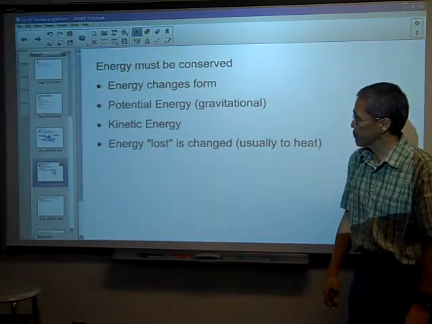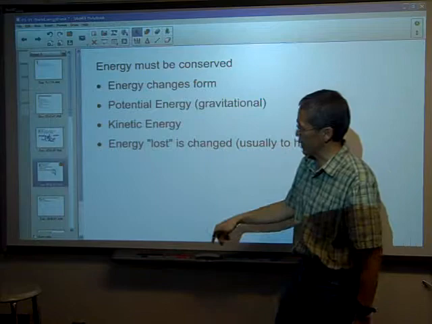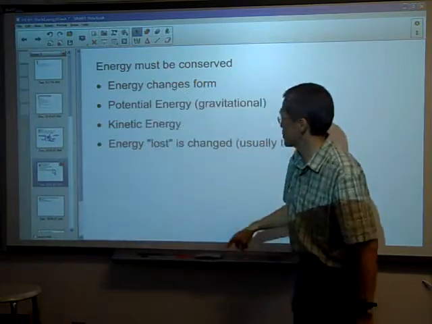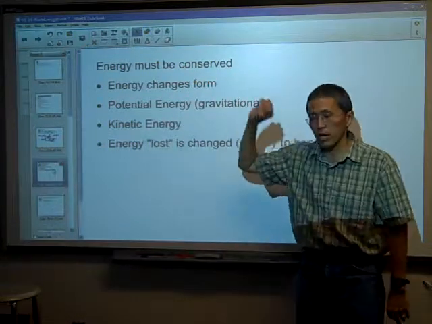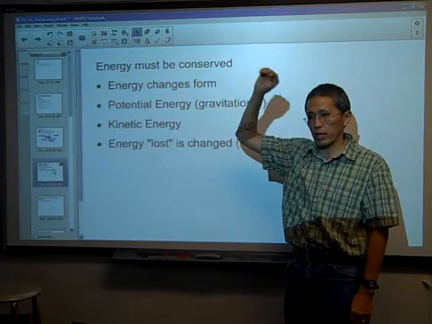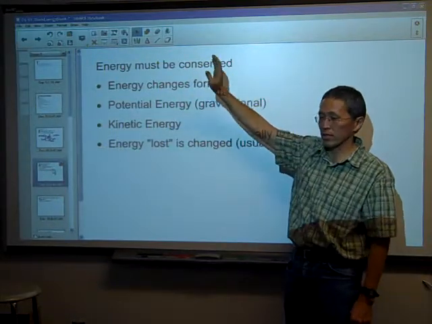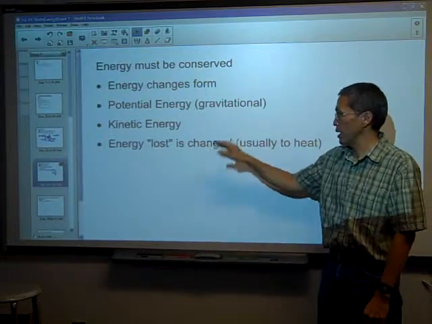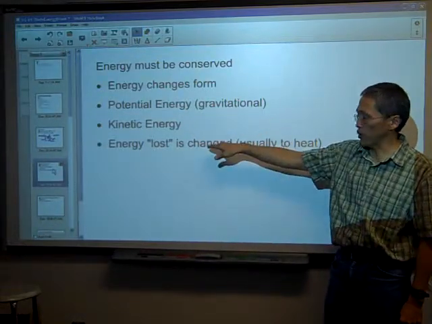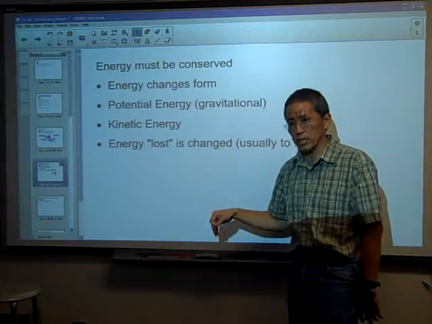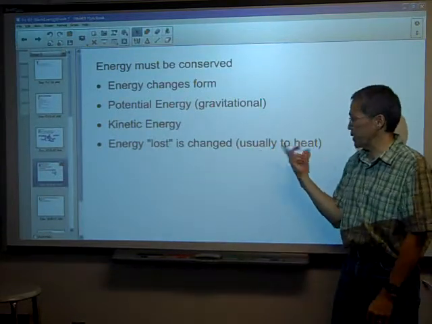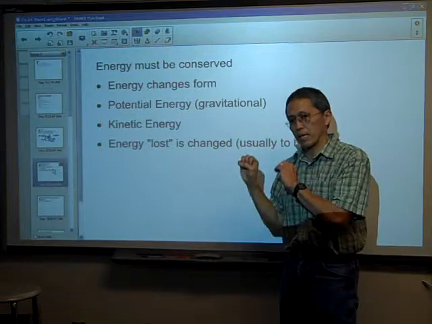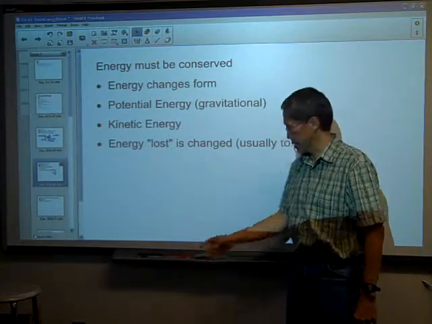The different forms of energy that we're going to have, the main ones, are going to be potential energy and kinetic energy. And usually when we think about losing energy, we think about heat. And if we think about putting energy into a system, we think about that as the work.